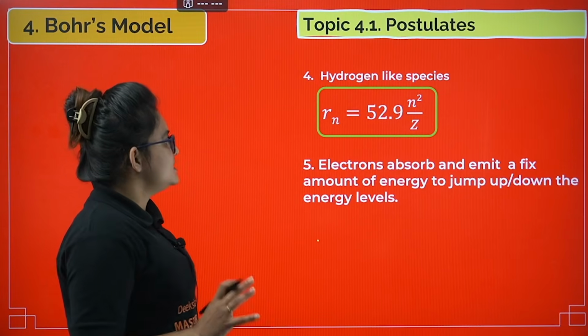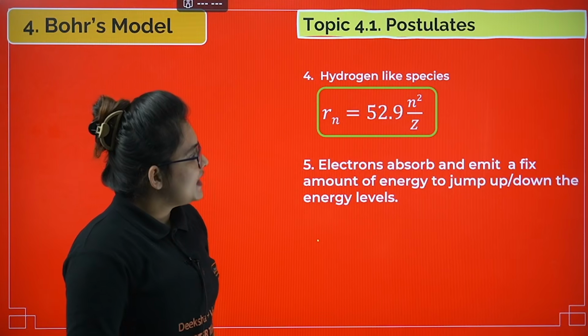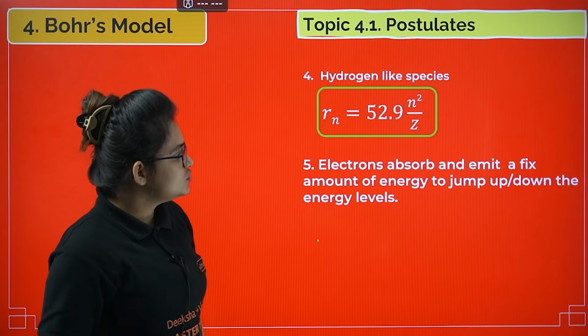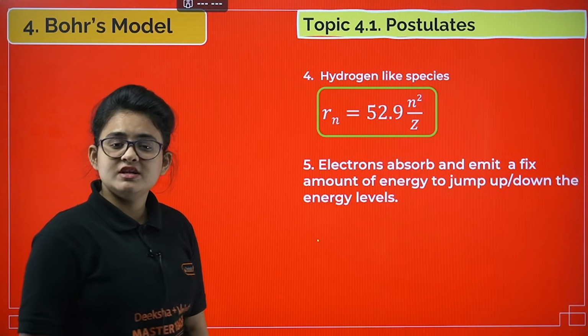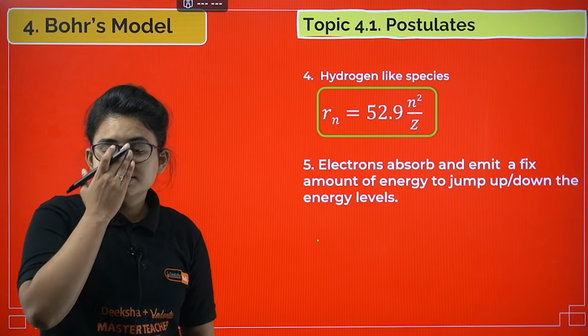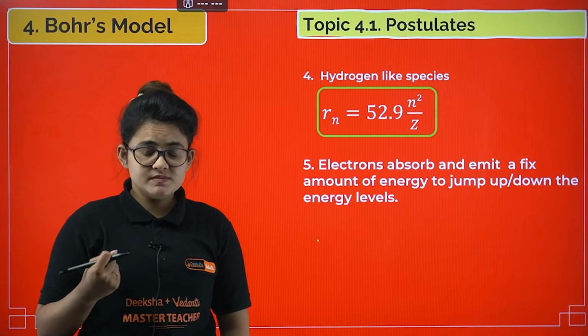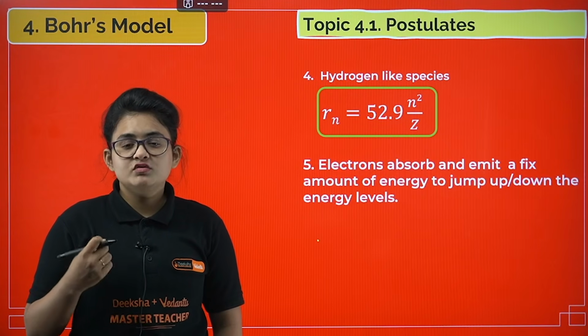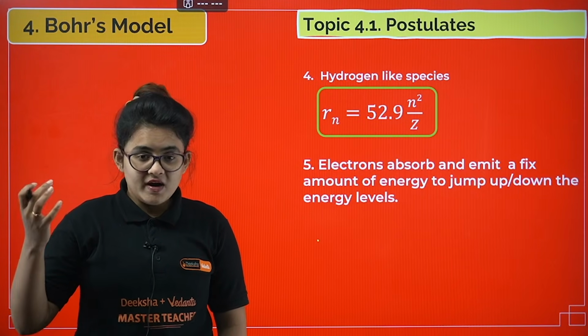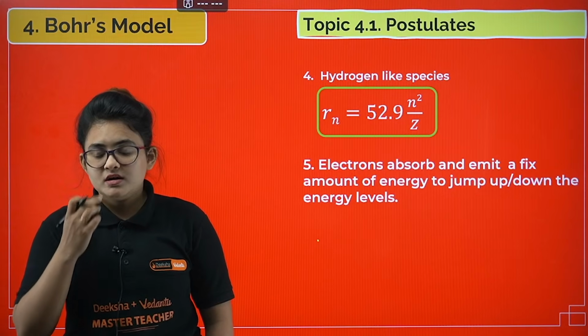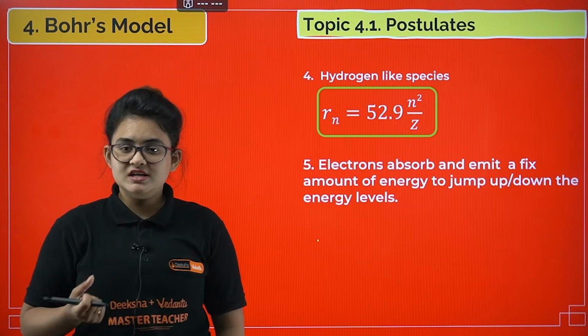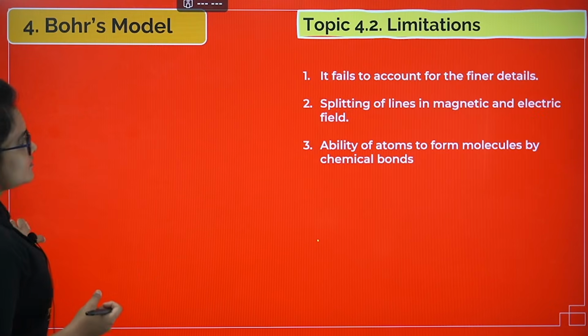Next, electrons absorb and emit a fixed amount of radiation to jump up or down the energy levels. Whenever an electron in the ground state goes to an excited state, it absorbs some radiation, and while coming back to the ground state it radiates the energy it absorbed.